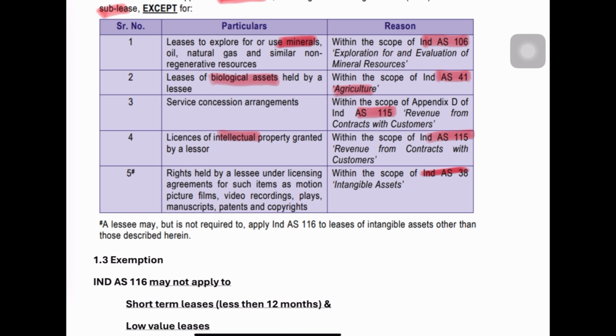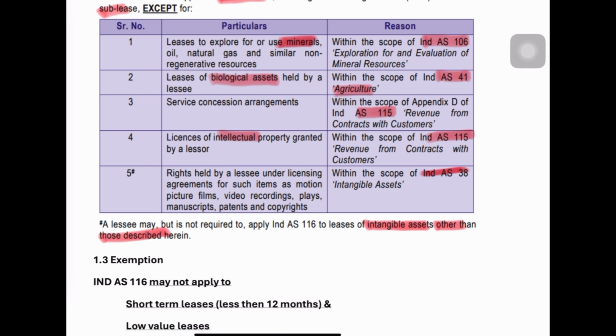Okay, and finally, a lessee is not required to apply Ind AS 116 to leases of intangible assets other than those described here. So whatever we saw, 1 to 5, are all kinds of intangible leases, and if there are any other leases that relate to intangible assets, there also the lessee can take a view that Ind AS 116 may not be applied.